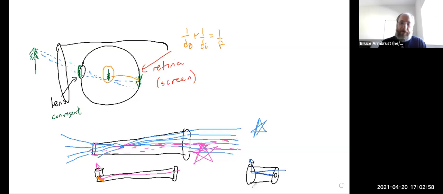Let's just say it comes out that way. And so in essence, what you did was you got the same length, because it goes 1, 2, 3 times that distance, as opposed to having to go all the way just this one distance. And the different lengths allow for different abilities to see, how far you can see and all that. And so that's the advantage of a reflector telescope.